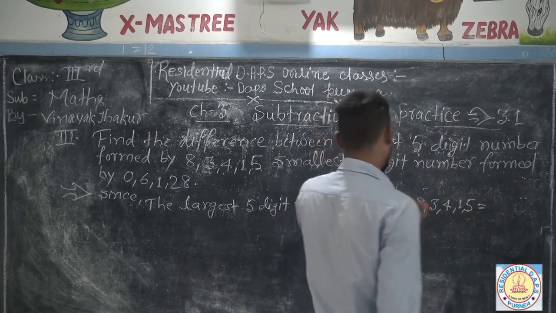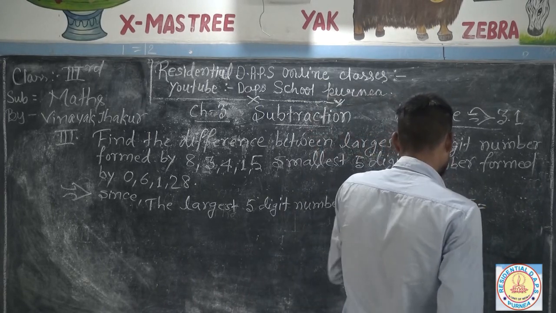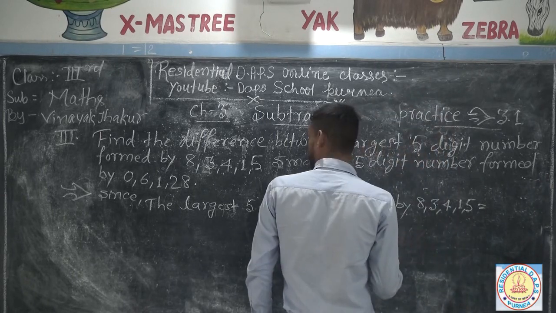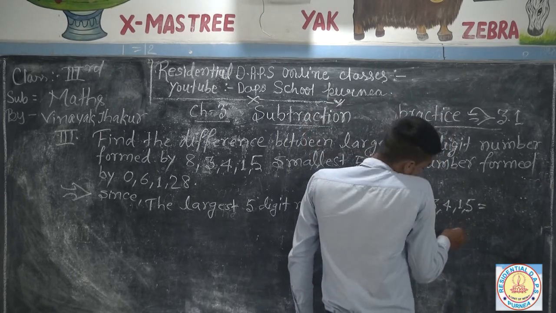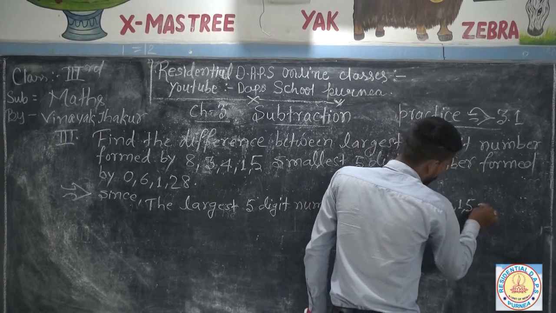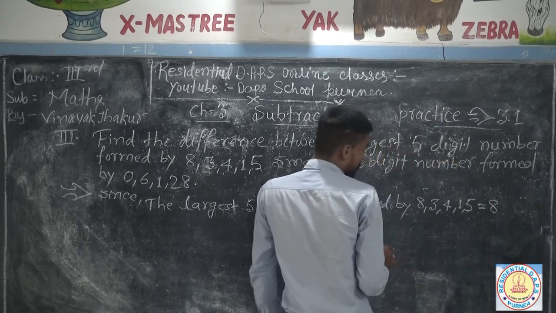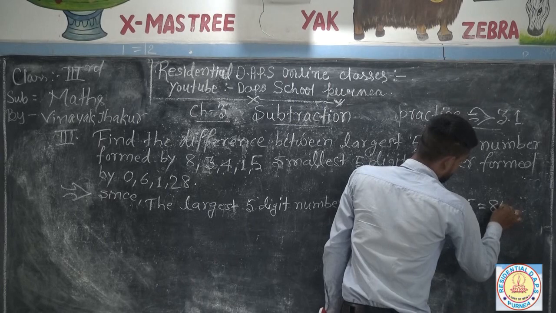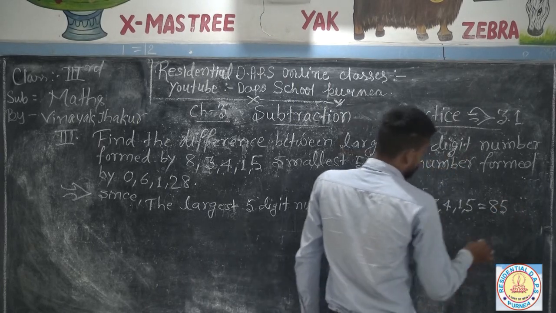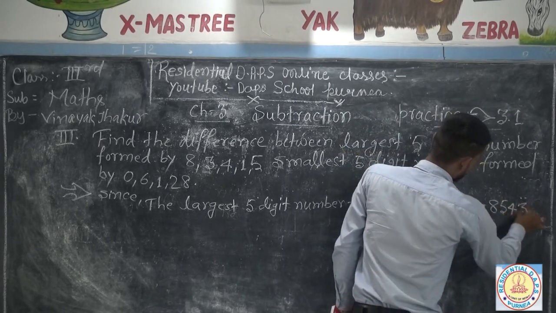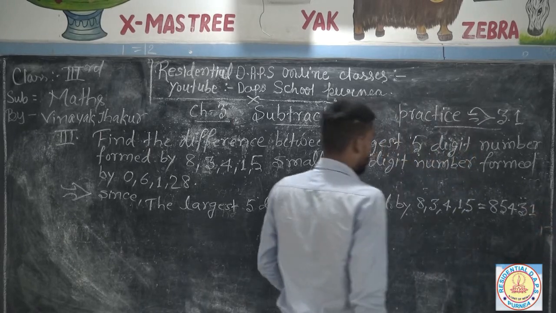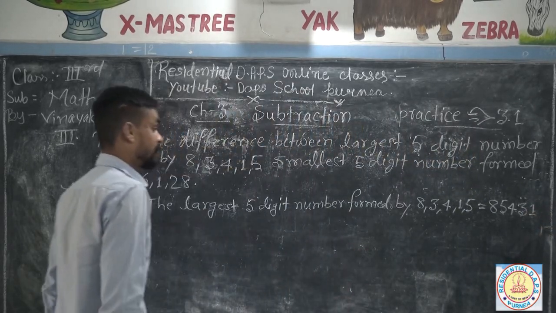You have to form the largest number, so you use the largest digit first, then smaller, and then the smallest at the end.